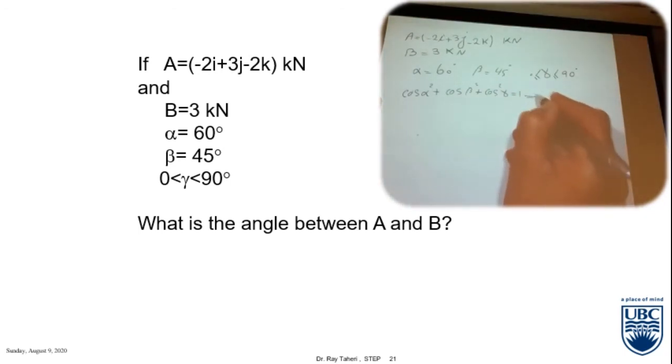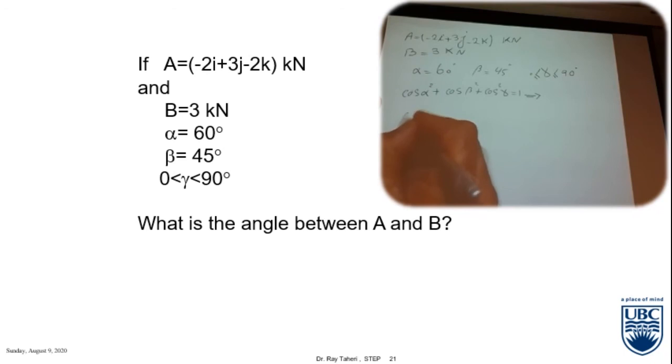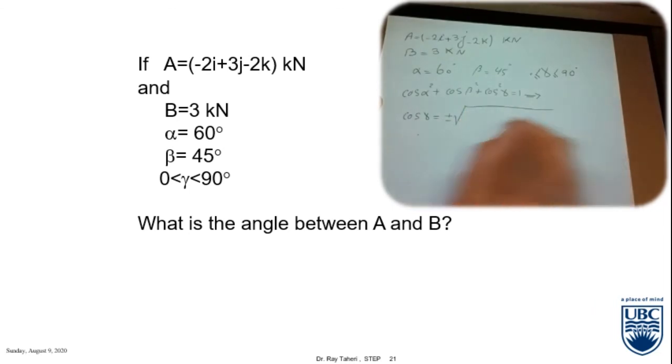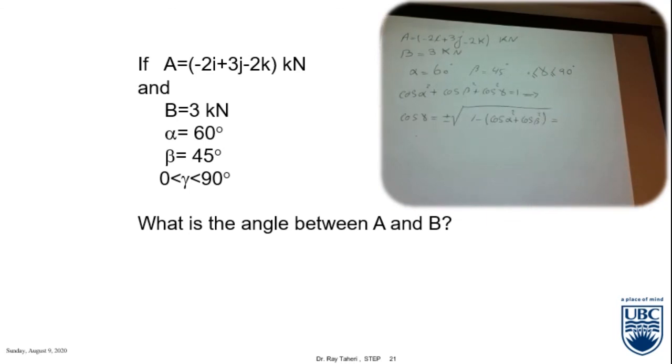So from here, we know that cosine gamma is equal to plus or minus the square root of 1 minus cosine alpha squared plus cosine beta squared. And from here, we can calculate.